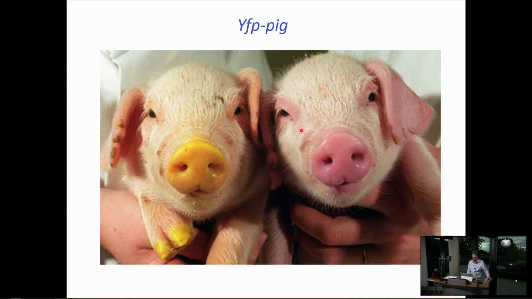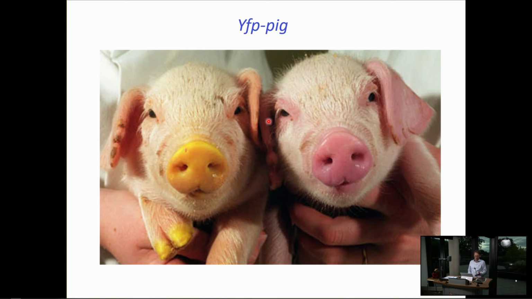So here you see 2 pigs. They are pigs in every sense, except this one on the left has collagen proteins labeled with YFP, so its trotter and its feet appear in yellow, but otherwise it's a healthy pig in all other senses.